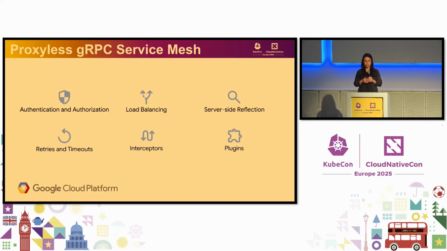It also provides a reflection service that allows clients to dynamically discover the methods and messages supported by your server. gRPC also comes with built-in retry and timeout mechanisms that can help you improve the fault tolerance and reliability of your services. gRPC also allows developers to intercept the request and the response. And last but not least, we support plugins that you can use to expand the functionality that you need.